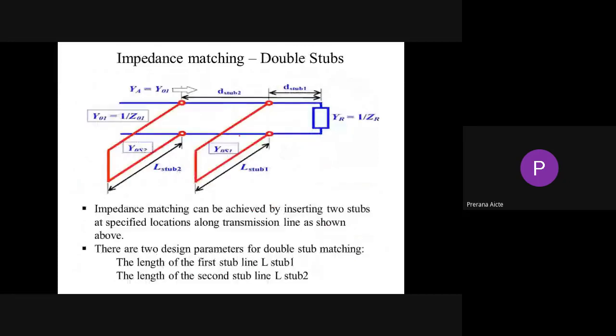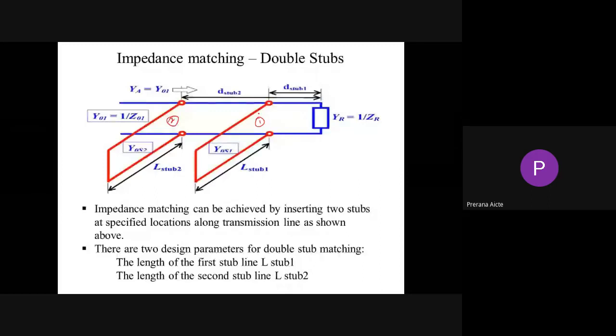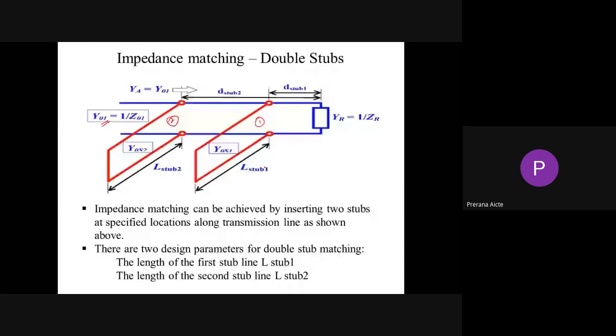In this double stub, this is stub 1 and this is stub 2. These two are connected in parallel because we are using the admittance parameters. The length of the first stub is L stub 1 and the length of the second stub is L stub 2.